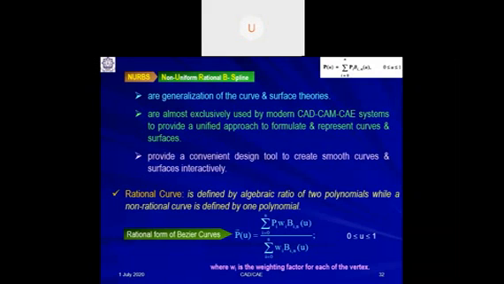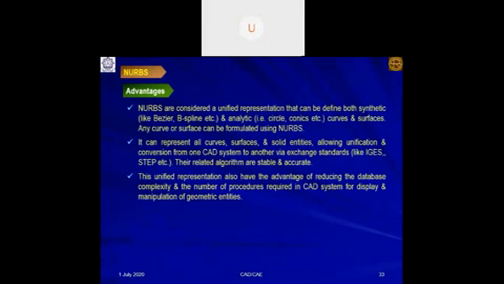So that is basically a generalization of all curve equations. With a single equation, by changing its constant values, you can represent cubic spline, Bezier, or B-spline. The advantage is that NURBS can be considered a unified representation that can define both synthetic curves as well as analytical curves and surfaces. Any curve can be formulated using the NURBS concept.